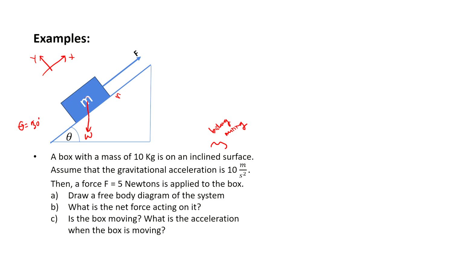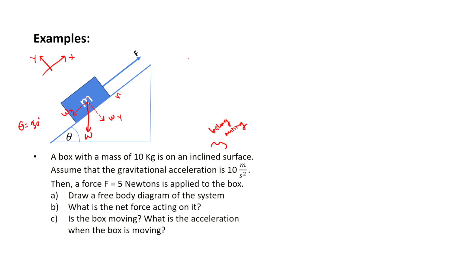Then, because this is an inclined surface, W can be projected to this side, because it's the opposite direction of the y axis, so it's in the y-axis, so it's WY. And for this one, this is WX. I hope you can get it.